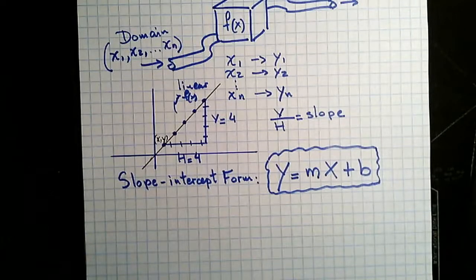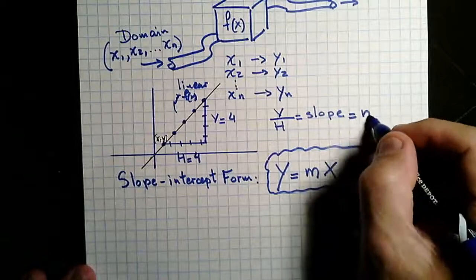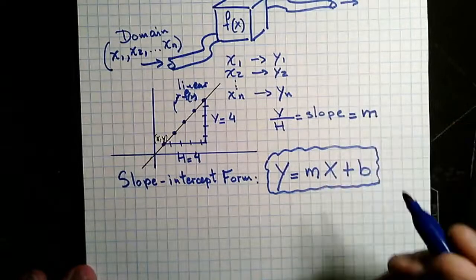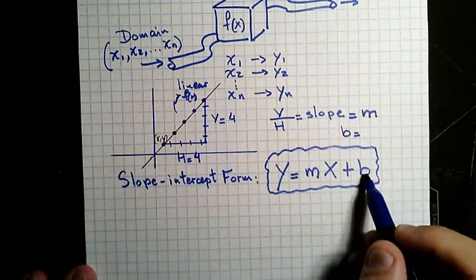So this is the equation that I am going to use every time I have to calculate a linear equation, okay? So for our situation over there, I have my m, which is going to be my slope, but also I have my b, which is the y-intercept.